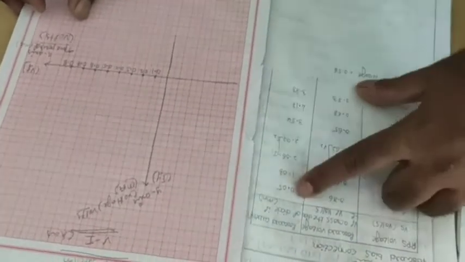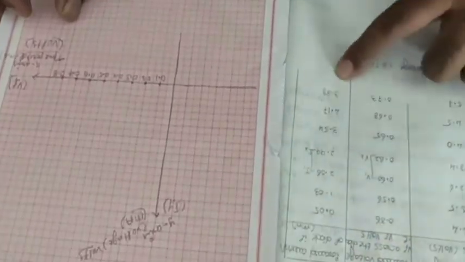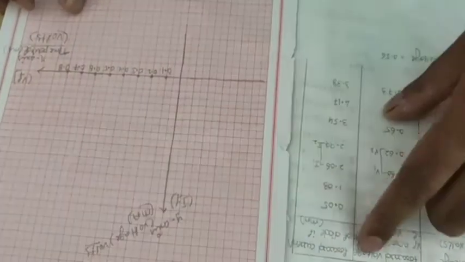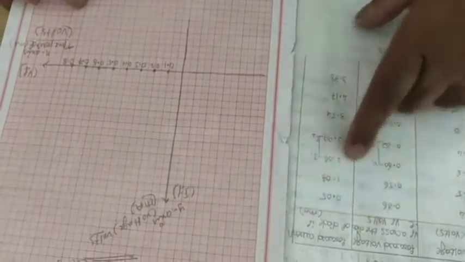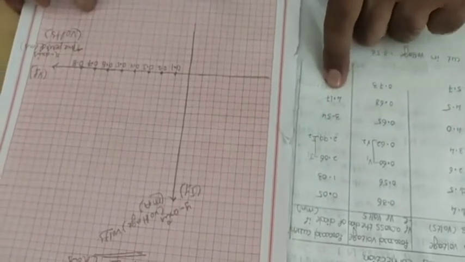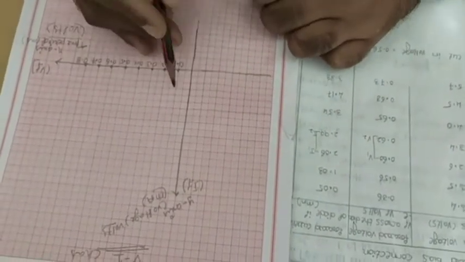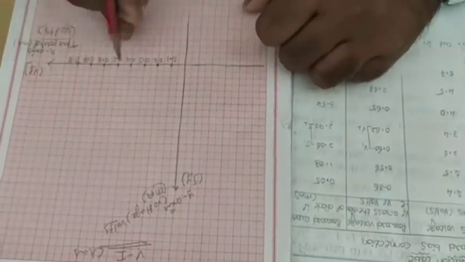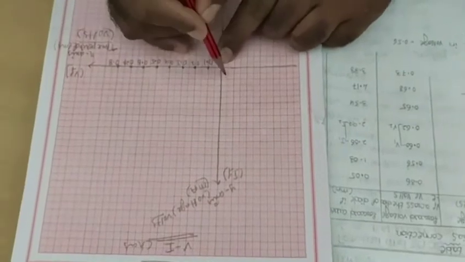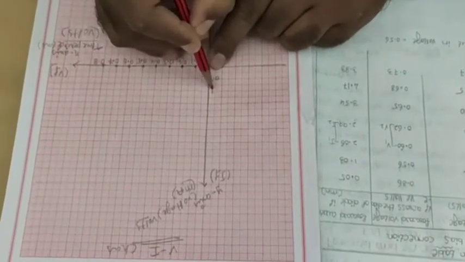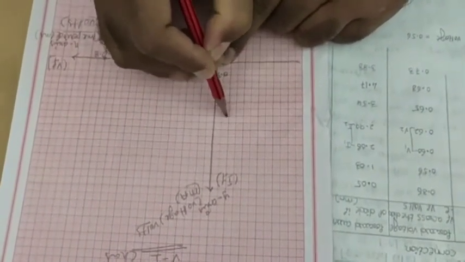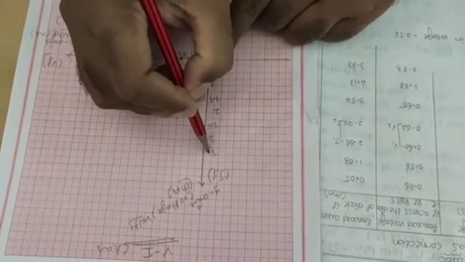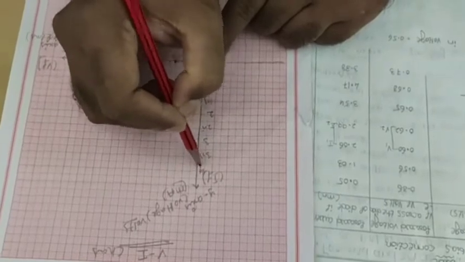Next, how many readings are there for current? Here also the same 7 readings, from 0 to 4. You can consider 1 unit as 0.5: 0.5, 1, 1.5, 2, 2.5, 3, 3.5, 4.